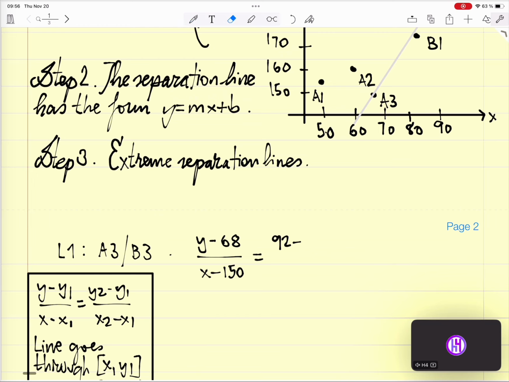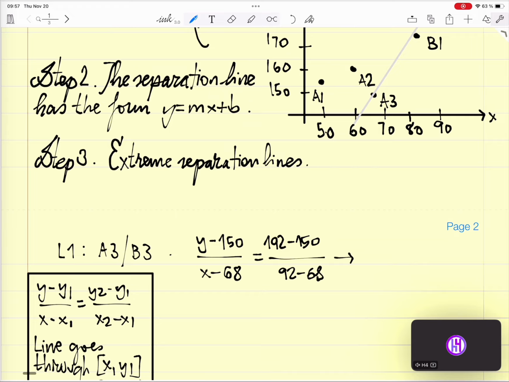No, sorry, this is wrong. This is 150 and this is 68. And the upper part is 192 minus 150, and then 92 minus 68.